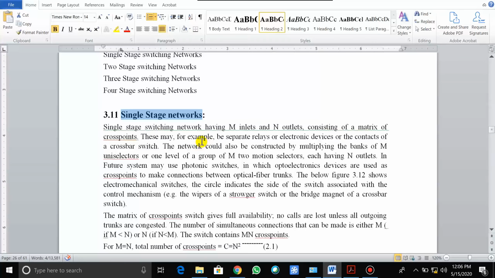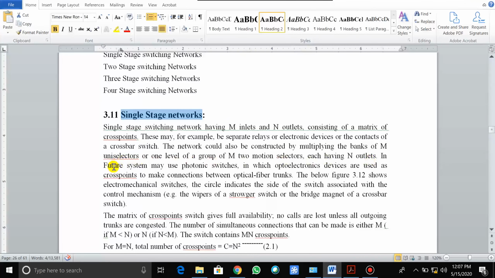For example, a separate relay of electronic devices or the contacts of a crossbar switch, and the network could be constructed by M uniselectors or one level of group, that is M two-motion selectors, each having N outlets.